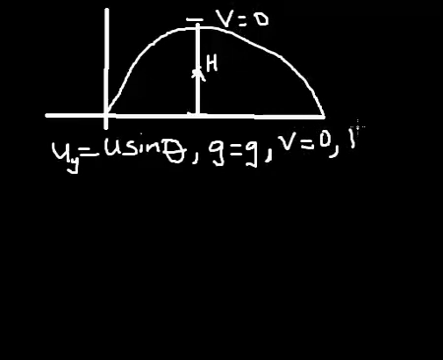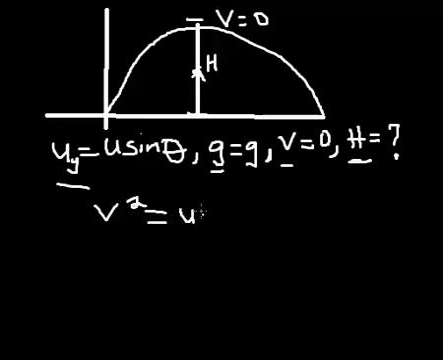Then finally, h is what we are looking for, the parameter. So now u, g, v, and h, which equation of motion under gravity does that capture? I discovered that it captures the third equation, which is v square equal to u square minus 2gh.